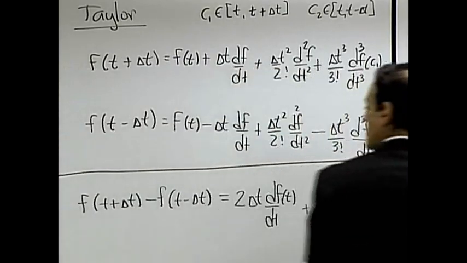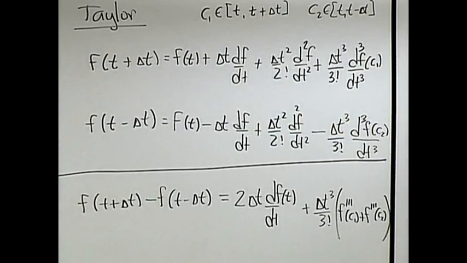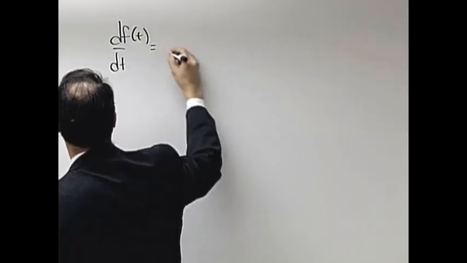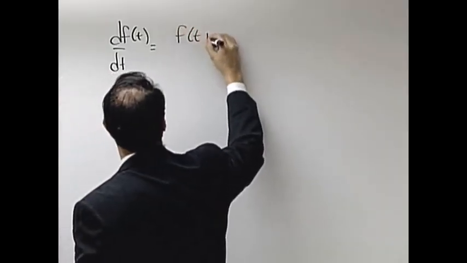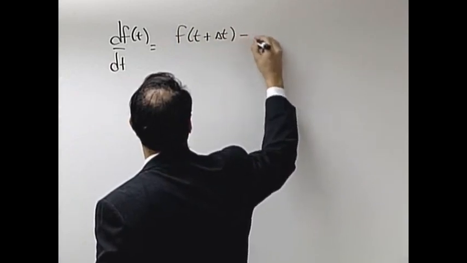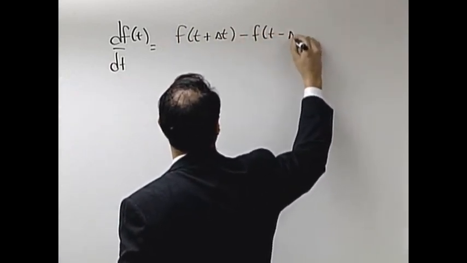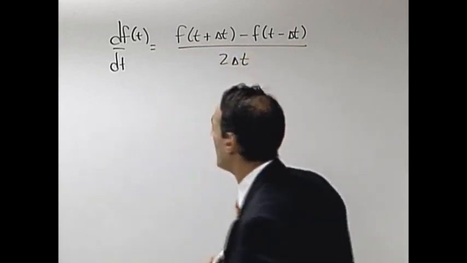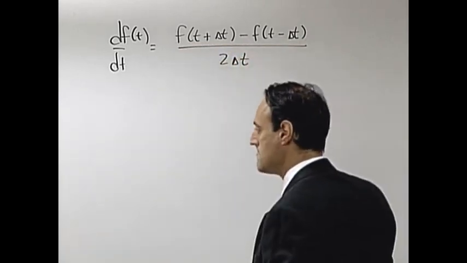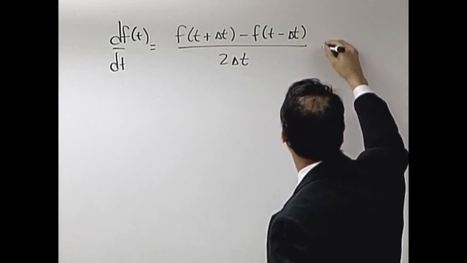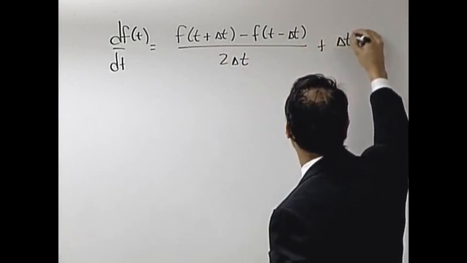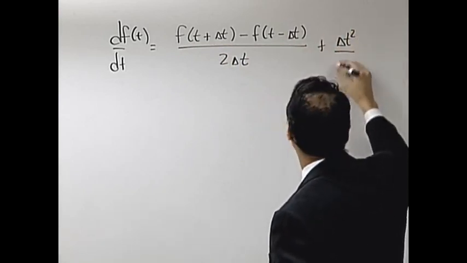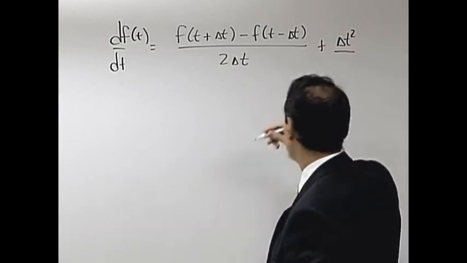Okay? So what do I got? Well, what I have is the following formula. df dt, valued at t, is equal to that, plus delta t squared, bless you, over, I got a 3 factorial and this factor of 2 there.